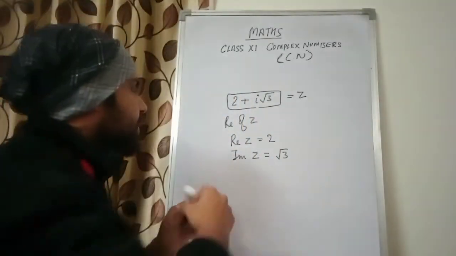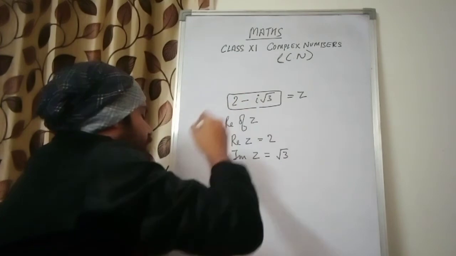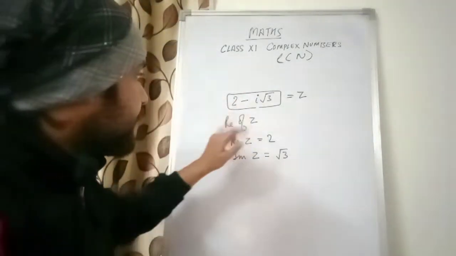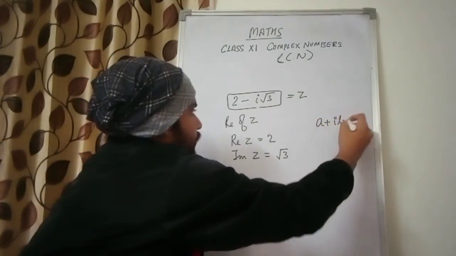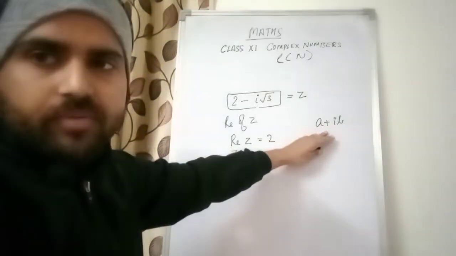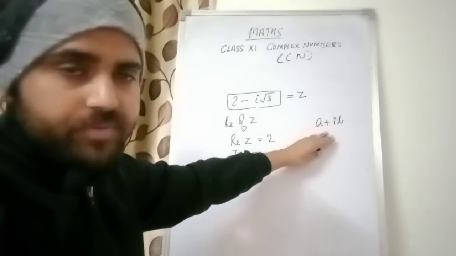One thing you need to notice here: you have to take the sign of this number with it. For example, if I write 2 minus i root 3, you have to write it in a plus ib form, because this is the general form of a complex number.